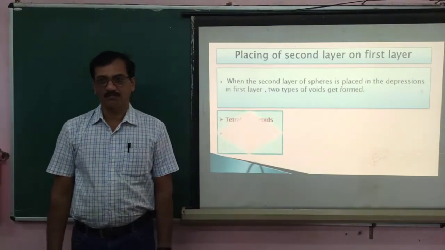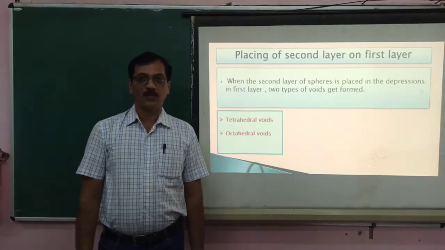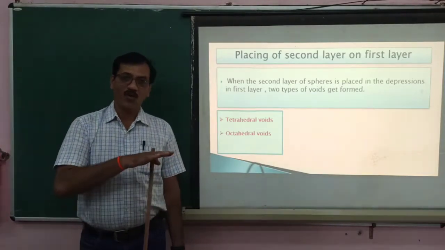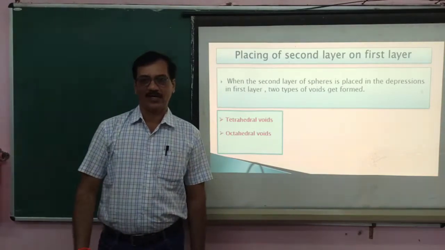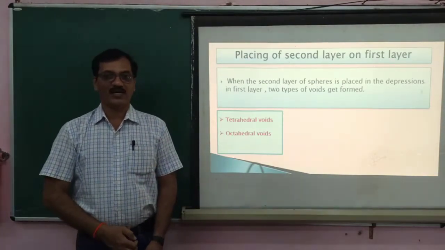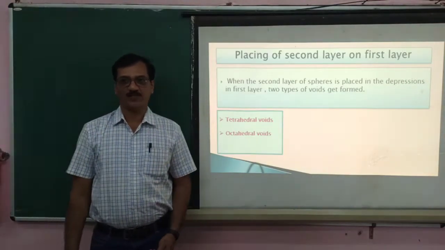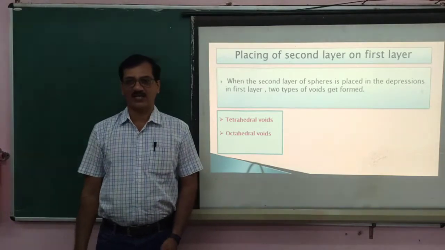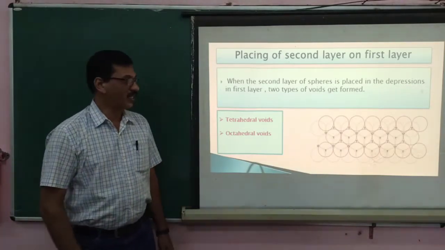The arrangement in 3 dimensions should be made in such a way that over one layer, another layer is to be arranged. So over one layer there should be a second layer. When the second layer is placed in the depressions of the first layer, then 2 types of voids are formed. Voids mean spaces.